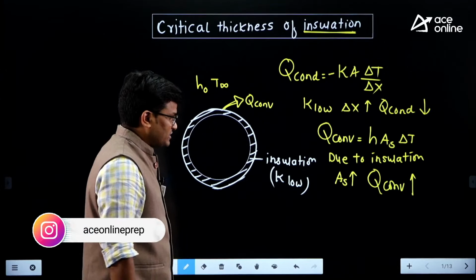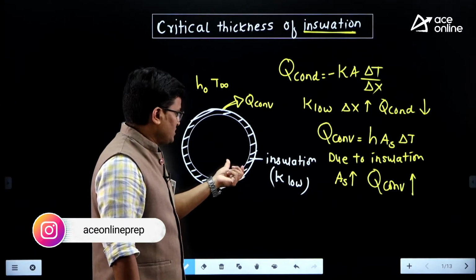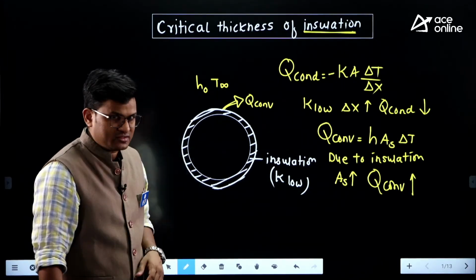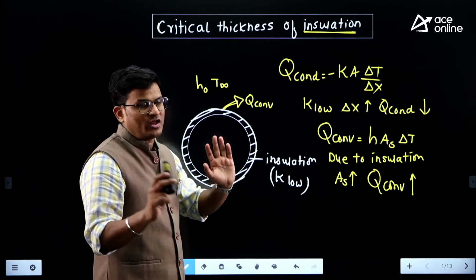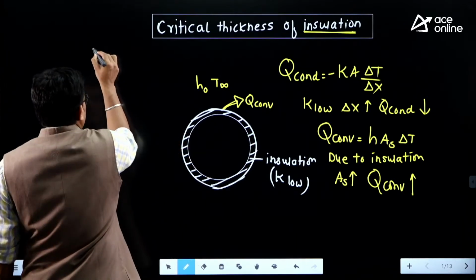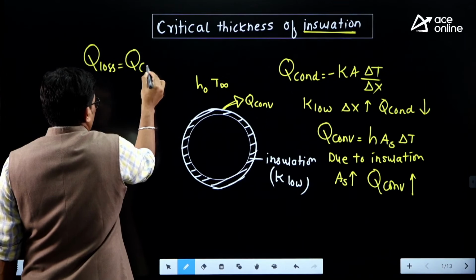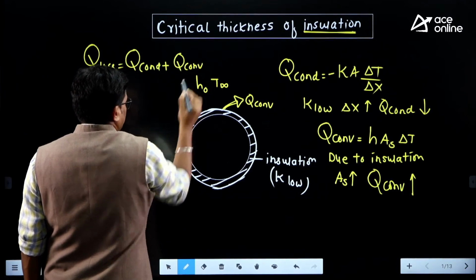Now the important concept is, generally we put insulation to reduce the heat loss in maximum cases, not in all cases. So suppose you insulate and you feel relaxed, thinking oh, heat transfer is reduced. Now what is the heat loss from that body? It is due to conduction and due to convection.